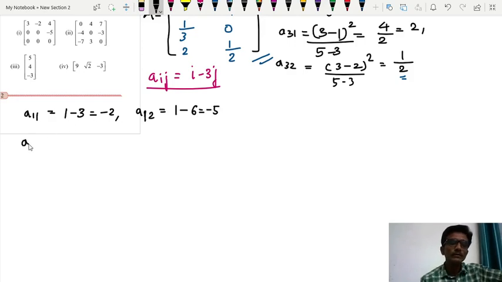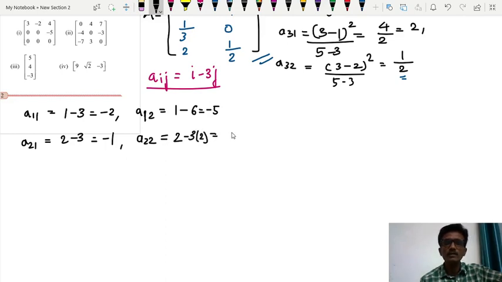A21 is equal to, i is 2 and j is 1, 3 into 1, that is minus 1. A22 is required, that is i is equal to 2 and j is also 2, that is 3 into 2, which is 2 minus 6, minus 4.